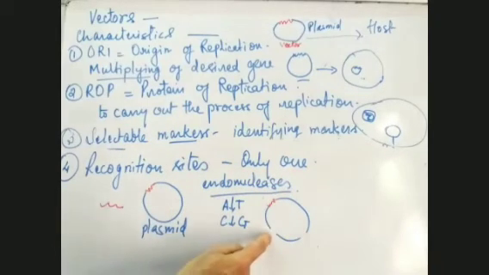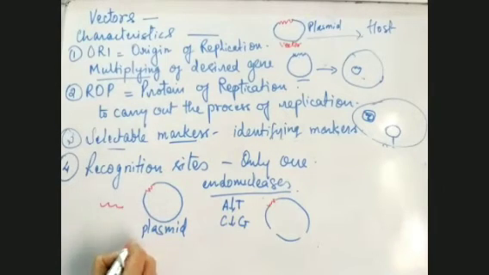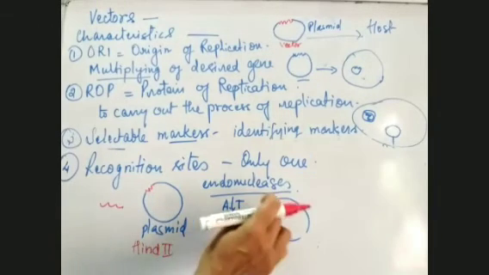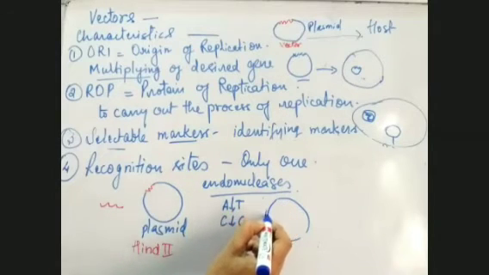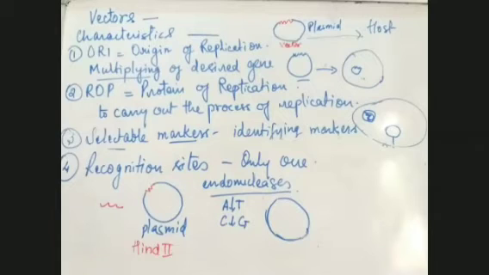This recognition site is the site where endonucleases can act. Suppose the endonuclease we are using is HindII, and we have this plasmid and this desired gene.